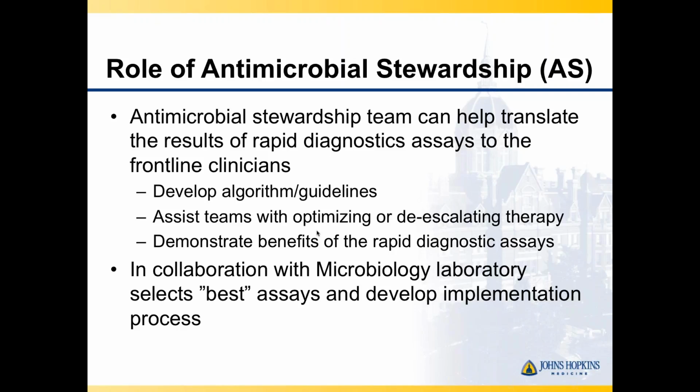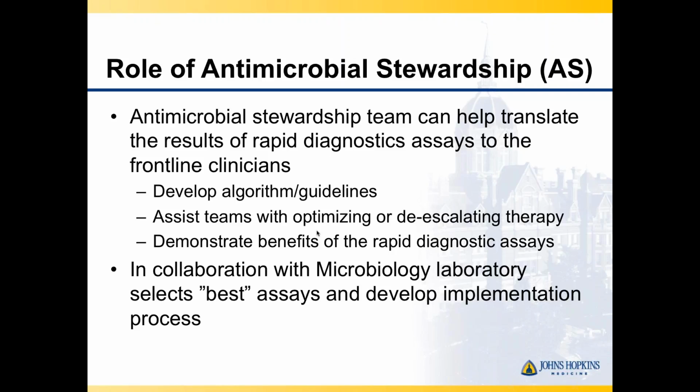In collaboration with the microbiology laboratory, we can also select the best tests that fit our institution's needs. So it depends on your budget and what pathogens are the problem. If your institution doesn't have a lot of multi-drug resistant organisms, you may not need a broad-based Verigene test or another test that can pick up a lot of resistance markers, because you have to perform them on all gram-negative positive blood cultures.